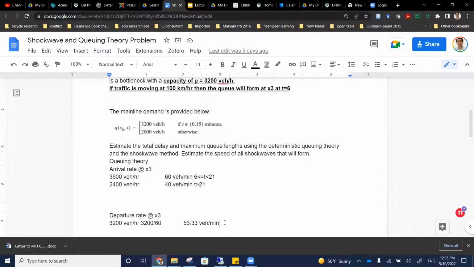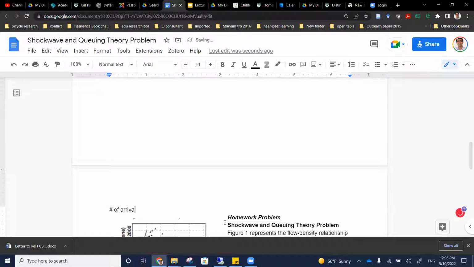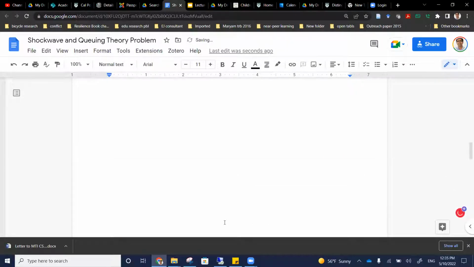So if I want to now write down my number of arrivals, it's always going to be 60 times t. And then you can do 60 times (t minus 6). If you always want to keep your scale the same, you can start off with number of arrivals being 60 times (t minus 6). Okay.